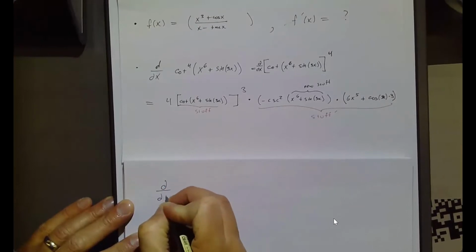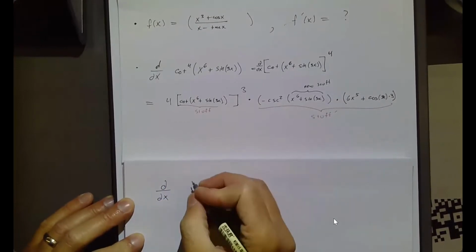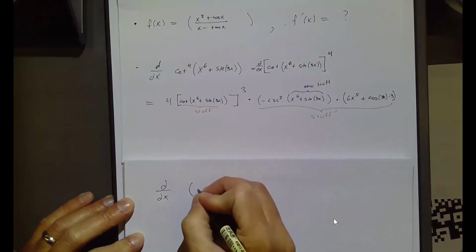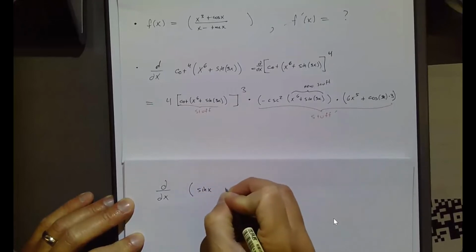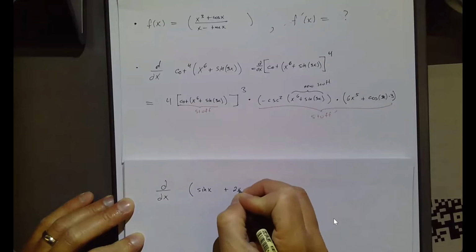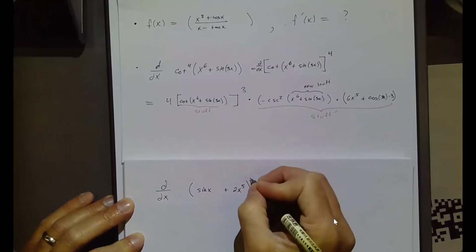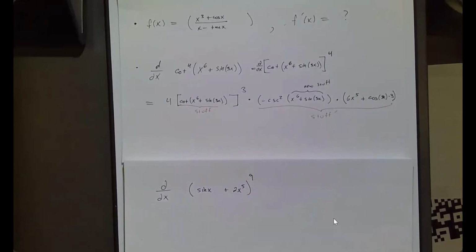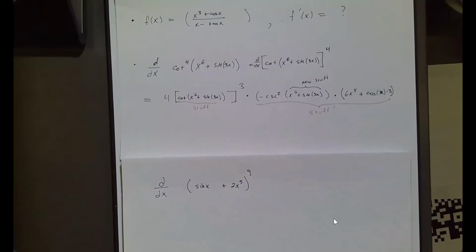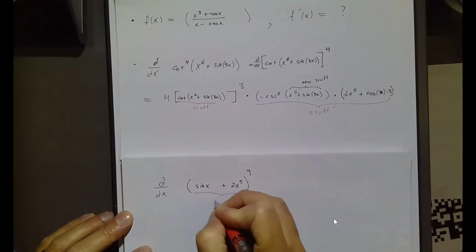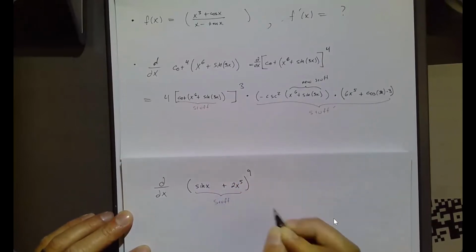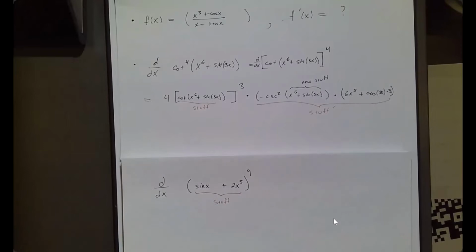Find the derivative of sine of x plus 2x to the 5th, all raised to the 9th power. And what I would encourage you to say to yourselves is you have some stuff to the 9th power, and you're trying to take the derivative of something to the 9th power.